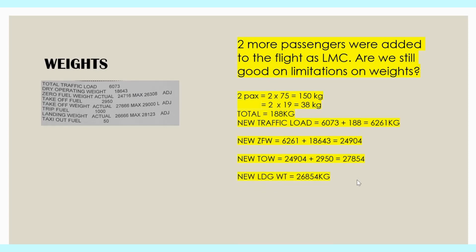And the new landing weight will be 26,854 kilograms when you subtract 1000 kgs for the trip. So you can again see that all these three are still well below the maximum, which means that this load sheet is okay, we can accept it. All are less than structural limits.